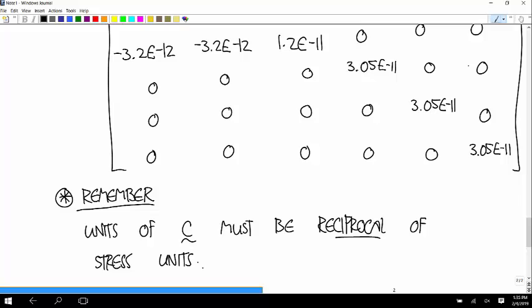And if you ever calculate the strains for a problem and you get values like something times 10 to the minus 10 or minus 11 or minus 12, those are probably too small, and probably you used stresses that were in megapascals and a compliance that was in 1 over pascals. Okay, so those units have to agree.